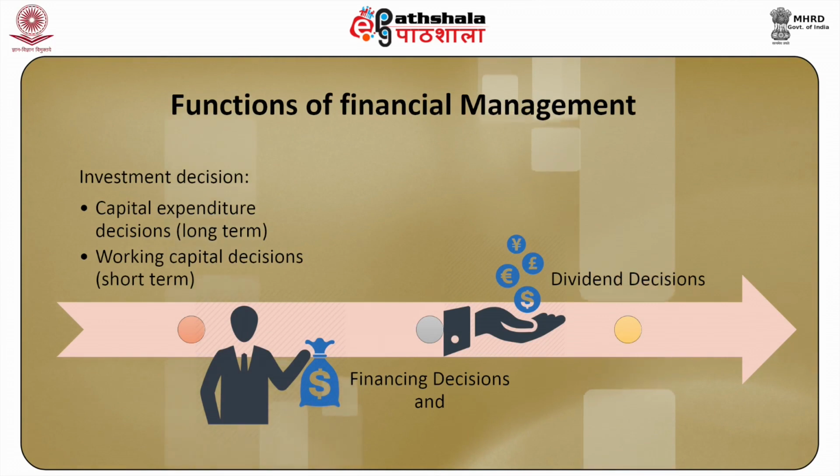Finance functions therefore include: 1. Investment decisions, that is capital expenditure decisions, which are long term, and working capital decisions, which are short term. 2. Financing decisions, and 3. Dividend decisions.